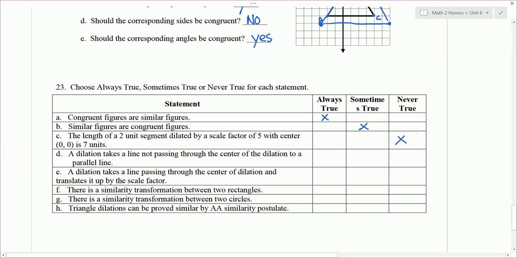So never true. A dilation takes a line not passing through the center of the dilation to a parallel line. That's true. Always true.